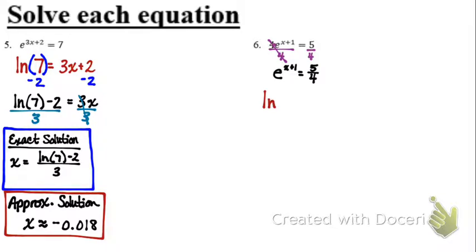Yep, right here. This is the argument. So what am I going to have right after the natural log? 5/4. Equals what, Gavin? X plus 1.